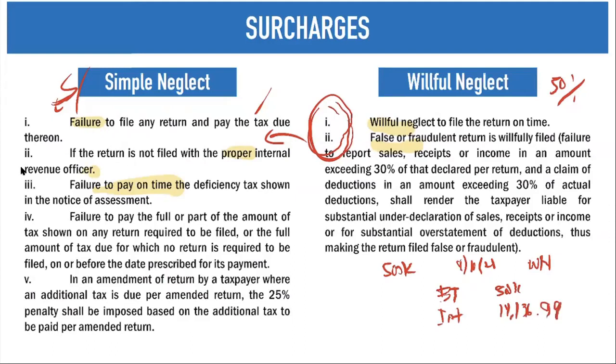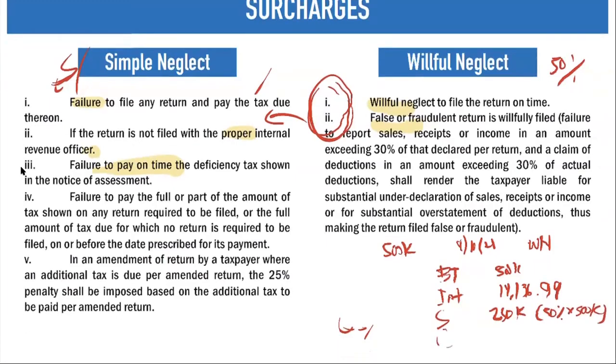Plus your surcharge. Since it is willful, it is 50% multiplied to 500,000, that is 250,000. And then your compromise. Ito given naman. So let's say ang compromise is 15,000.